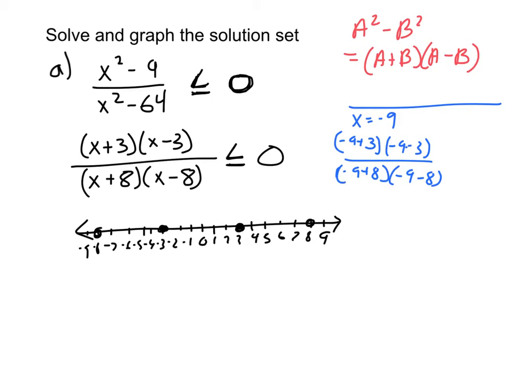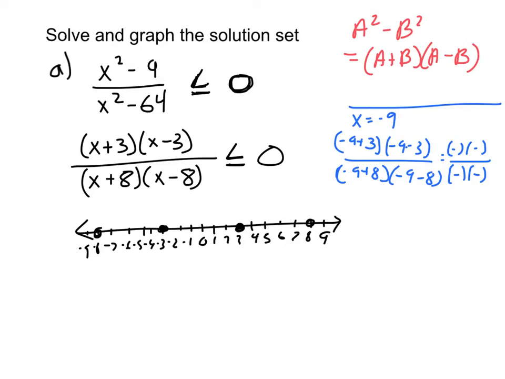Negative 9 plus 3 is a negative number, and negative 9 minus 3 is also a negative number. On the bottom, negative 9 plus 8 is a negative number, and negative 9 minus 8 is also a negative number. So I'm going to have negative times negative divided by negative times negative. That's going to be a positive, right?